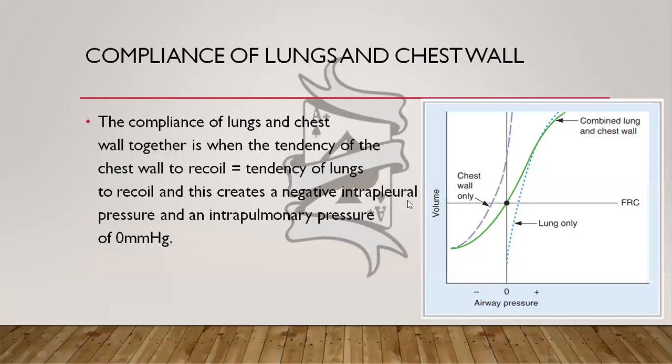If you have something that is very loose, that means it is compliant. If you have something that's very tight, that's going to be elastic. Fair enough. And again, we explained that that was one of the major factors that contributed to that negative intrapleural pressure.